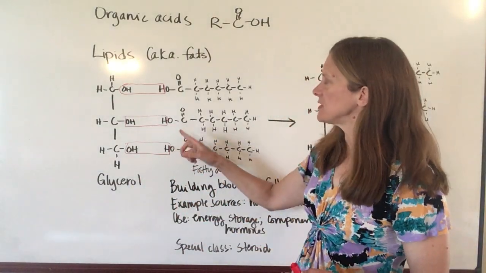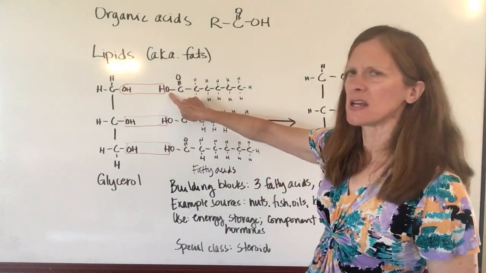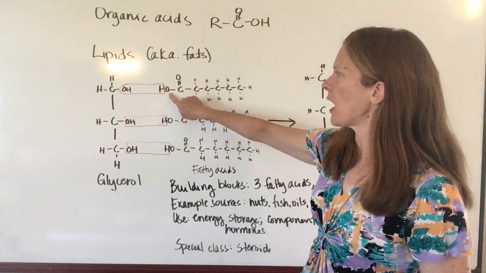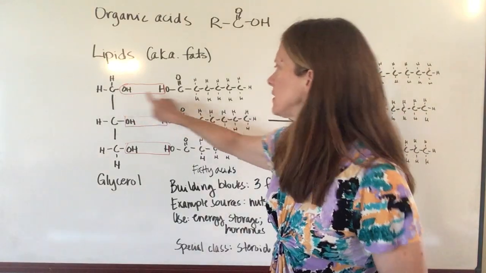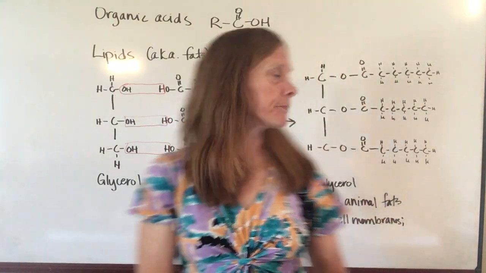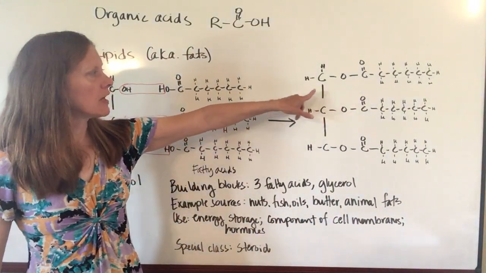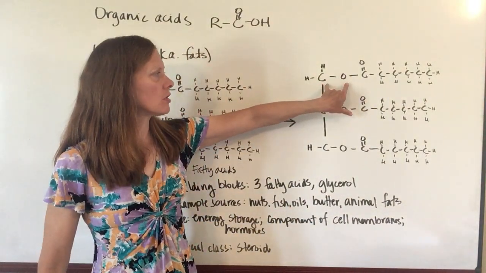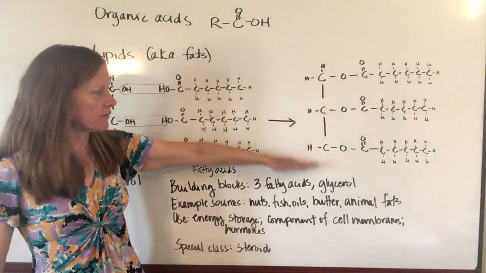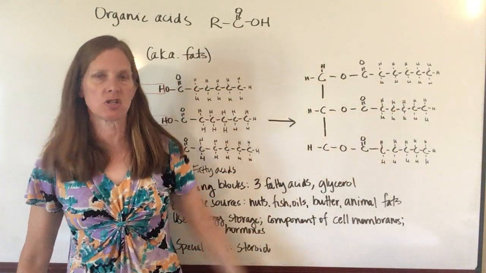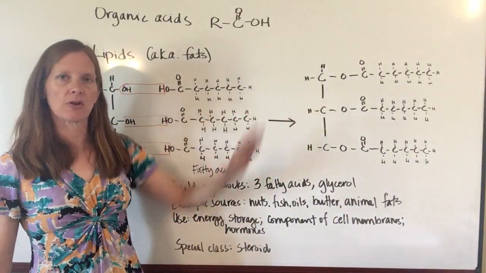Then this oxygen says, hey, I'm supposed to have another bond. This carbon says, hey, I'm supposed to have another bond too. And so they end up hooking to each other, as I can see over here. The carbon and the oxygen are now hooked together, and all of this big thing is attached together, and this is considered a lipid.